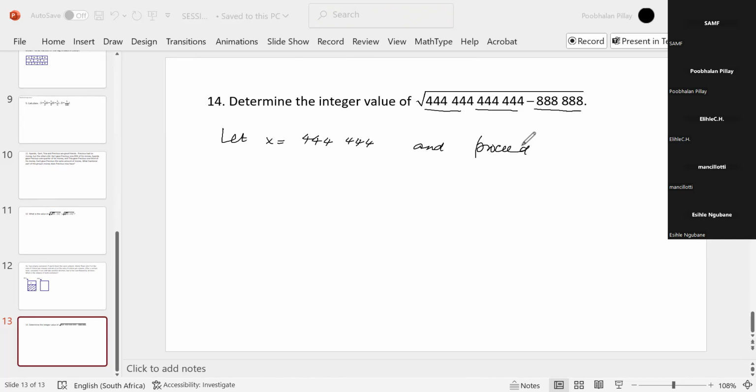Try to work out this thing here in terms of x, and then try to work out the square root. All right. So that is your hint. Next time when we meet, we will discuss that. But let's see how many of you can actually solve this problem using that hint. I'm sure many of you can, but it's a very interesting problem.